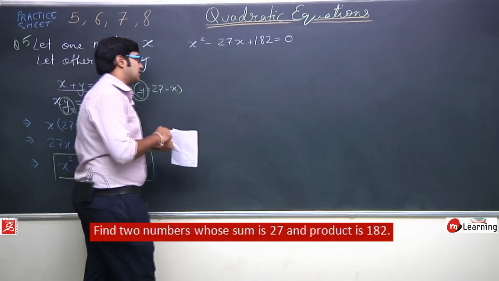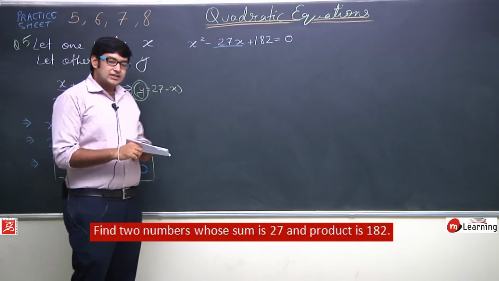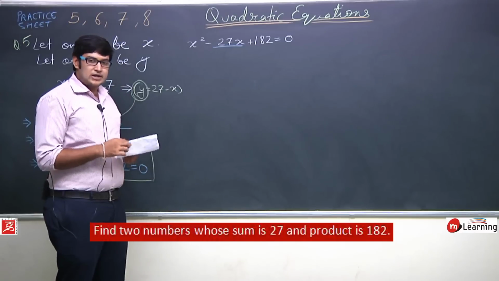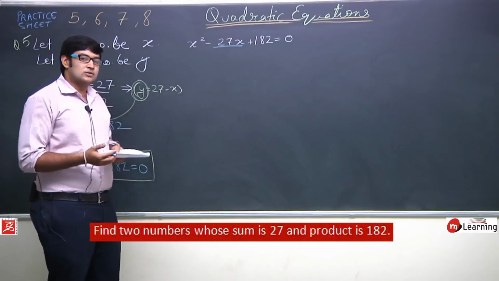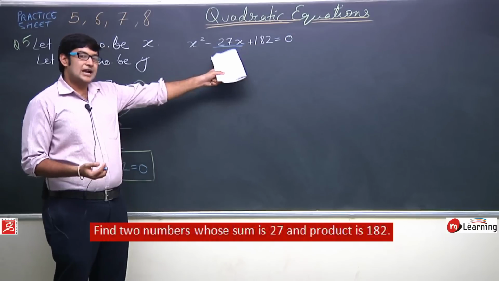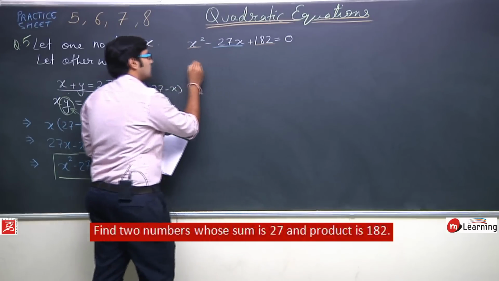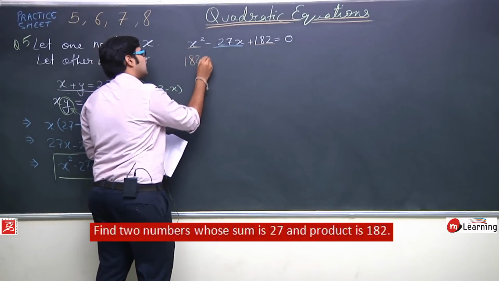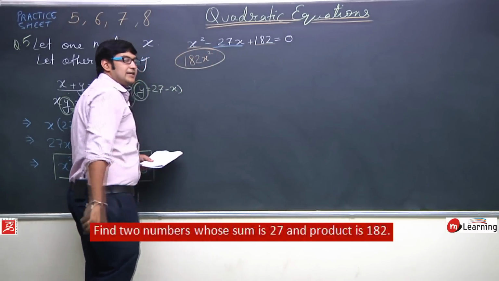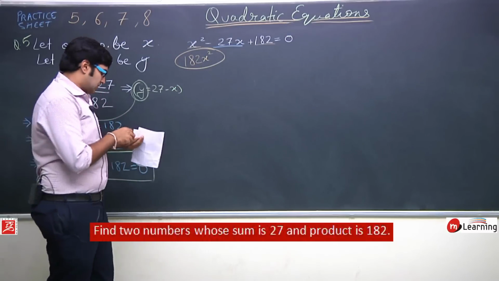We need to split this middle term in such a way that the sum of the two terms or difference of two terms should become minus 27x and the product of the two terms should become 182x square.